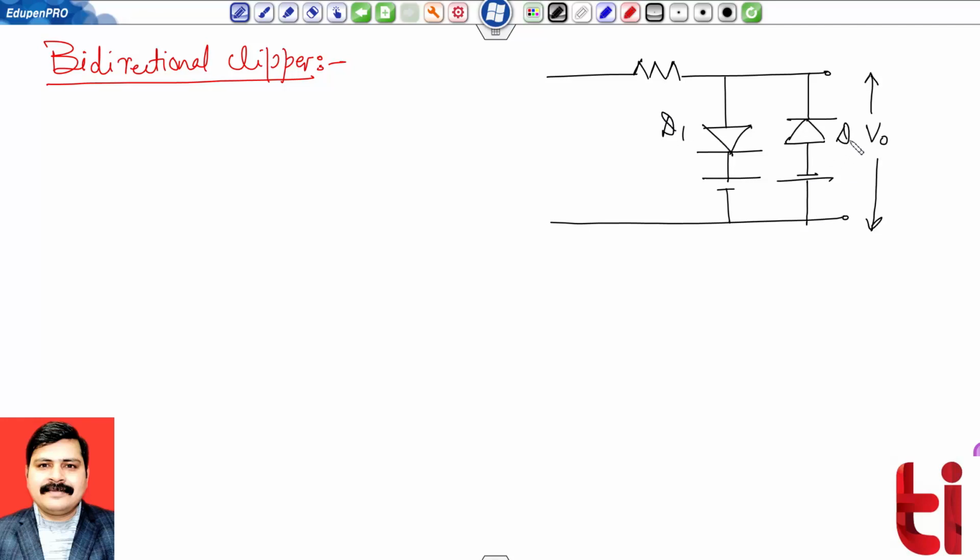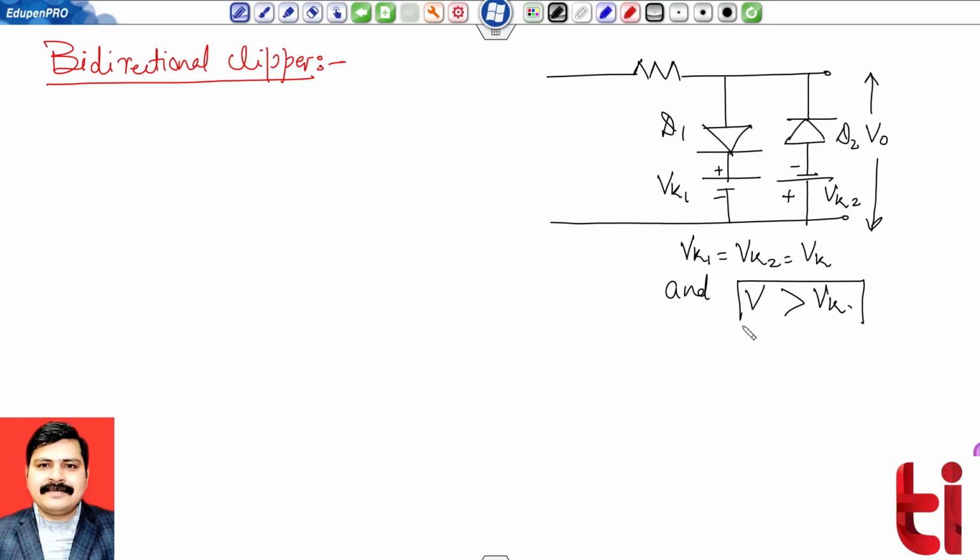Diode D1, diode D2, and suppose I am connecting batteries of VK1 and VK2. For simplicity, I am assuming that VK1 equals VK2 equals VK, and for better understanding, my peak signal V should always be greater than Vk.